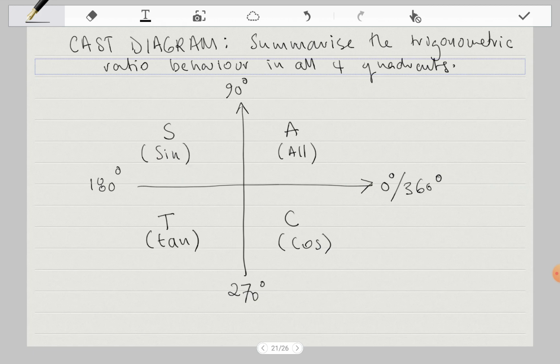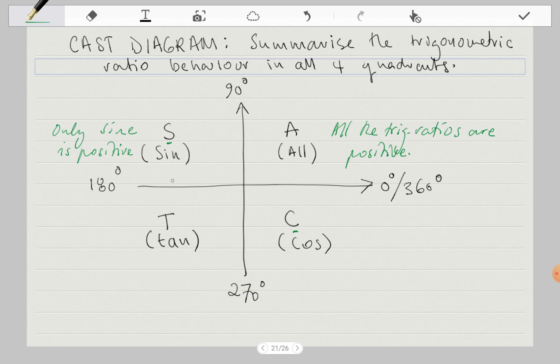Basically what it means is, in the first quadrant, all the trigonometric ratios are positive. If we look at the second quadrant, only sine is positive, meaning that tan and cosine are negative.